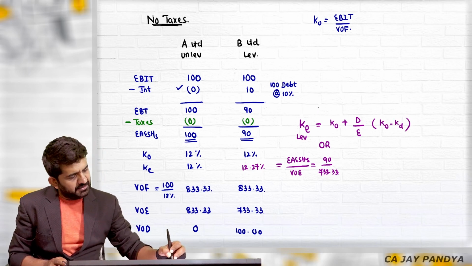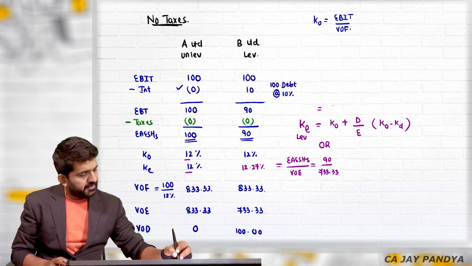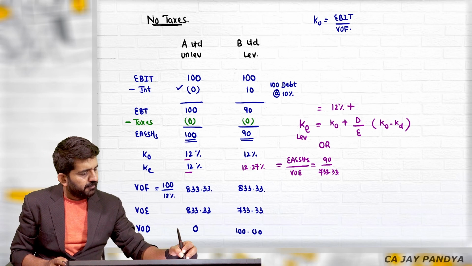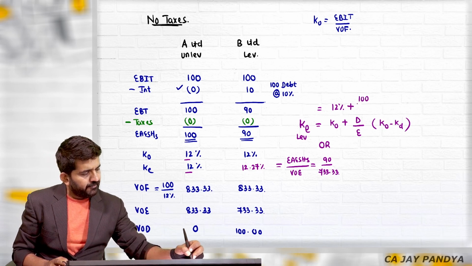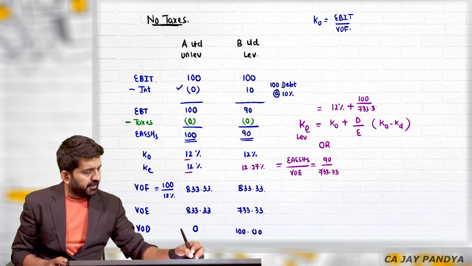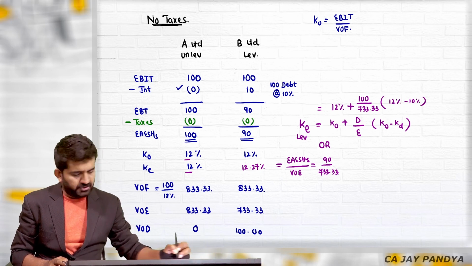KO of unlevered or KE of unlevered is 12% plus debt, what is debt? 100 upon equity 733.33. KO minus KD is the 12% minus 10%.